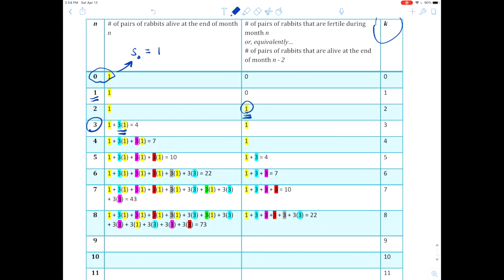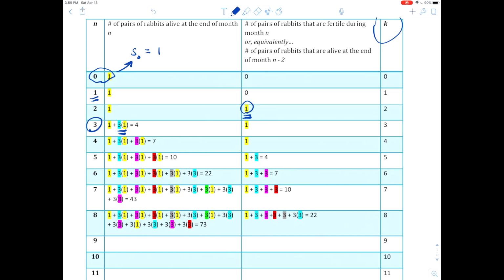So there's 4 pairs of rabbits which are alive. Cool so far? But during month 3, the only rabbits that are fertile are that original pair.